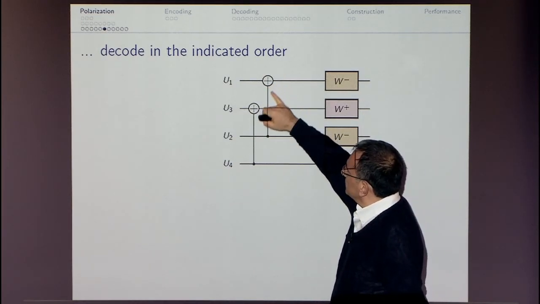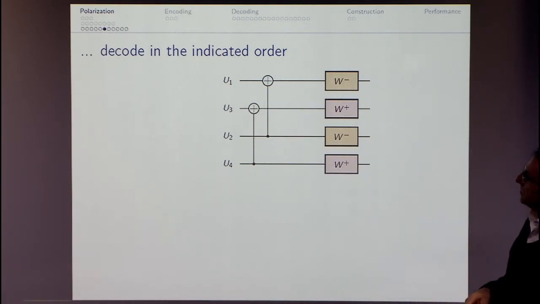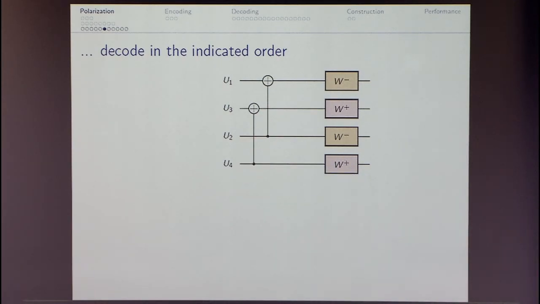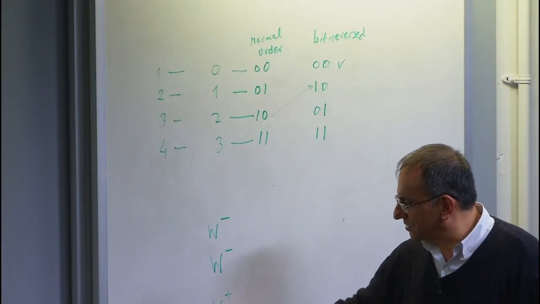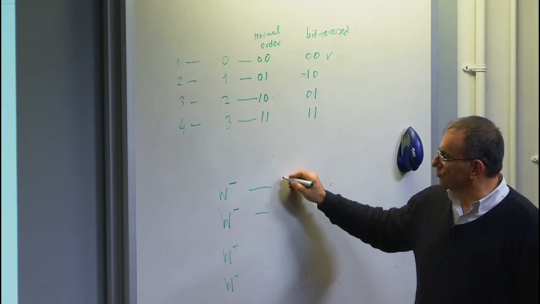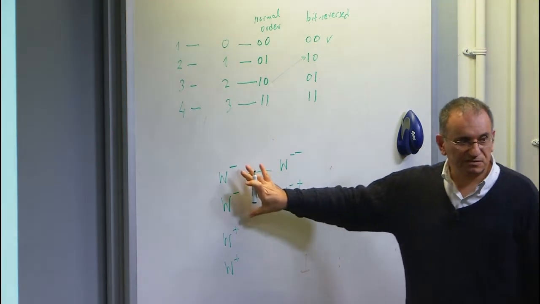If I first decode U1, and then U3, you decode the first channel, that was a W minus channel. You had two copies of W minus and two copies of W plus. You combine these ones, and what you want is to obtain W minus minus and W minus plus.